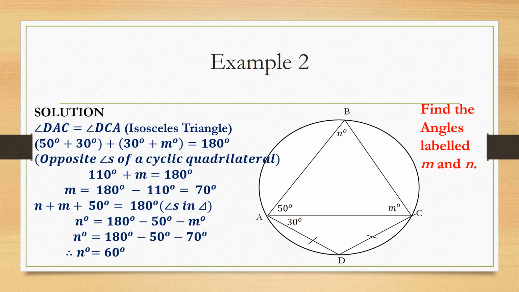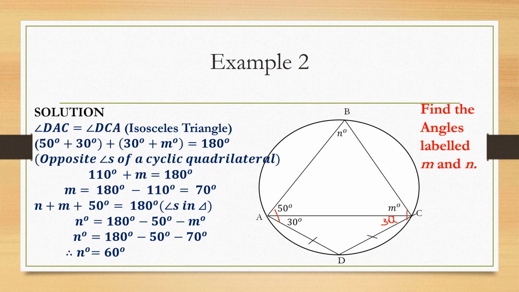Okay, so because triangle ACD is isosceles, the angle here is also 30 degrees. Base angles are equal. So since the base angles are equal, here is 30 degrees, and that means that to find M, I'll get this angle here and this angle here.